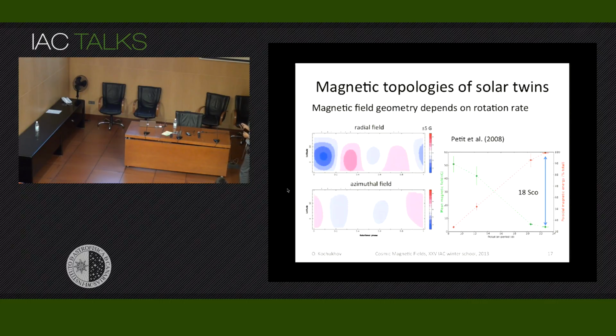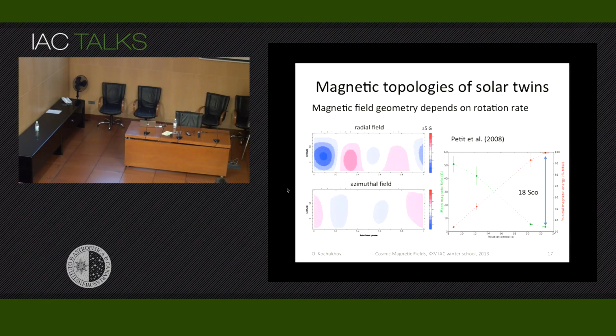Poloidal field dominates compared to toroidal field. But as the period decreases, so as the star rotates more rapidly, and in particular if the rotation period is below some 15 days, the dominant field component changes energetically. So the toroidal field starts to be dominant.